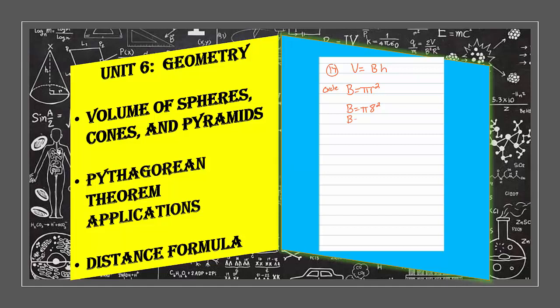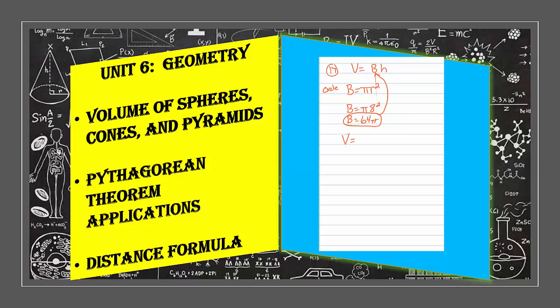And now you'll remember from class that I've encouraged you to utilize your exact solution until you've completed the problem and you're ready to approximate. That way you don't end up with additional compounded approximation error. So now that we know the value of B, we're going to take it and plug it back into our original equation. Volume is equal to big B, which we now know to be 64 pi, times the height.